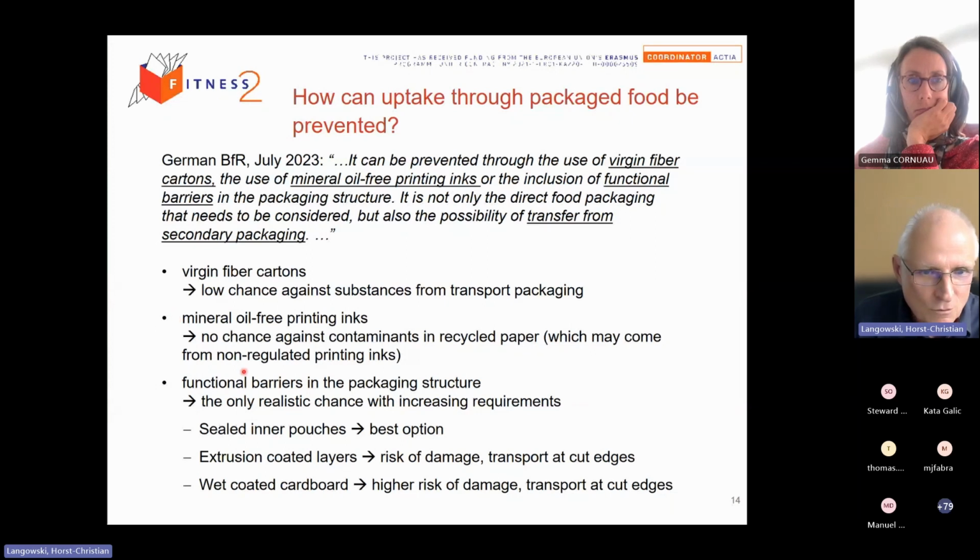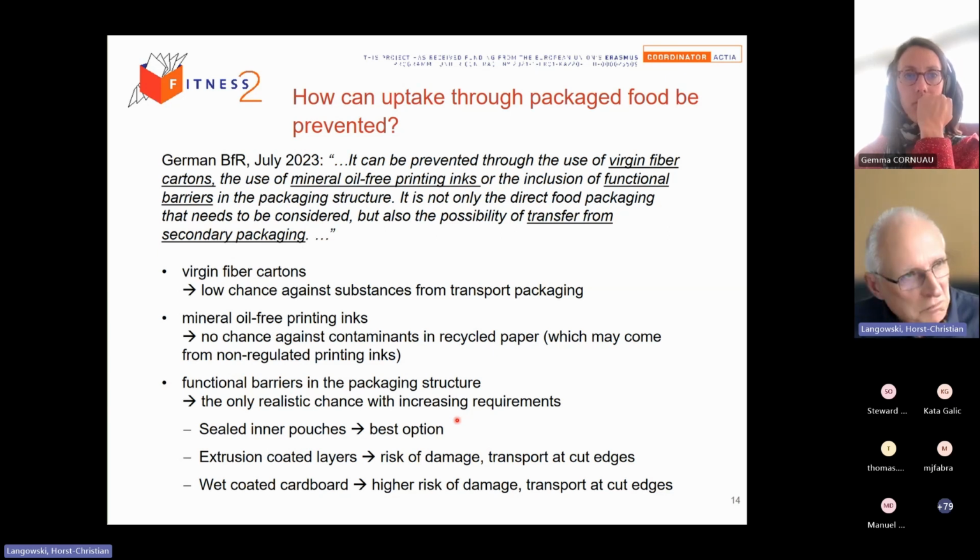So in the end, one must say, if you would like to be sure to avoid this contamination, you need functional barriers in the packaging structure. And this can be done by sealed inner pouches, which gives the best option, but is also not very environmentally friendly because you are using extra material, which you in many cases don't like.